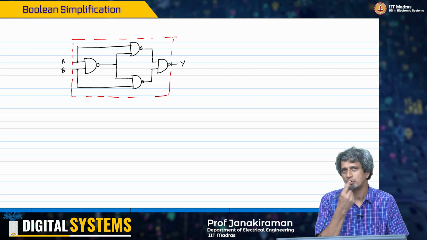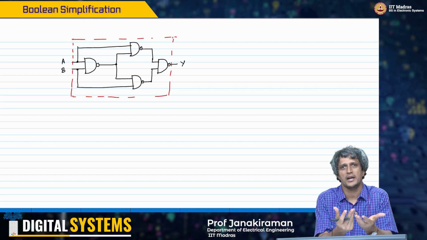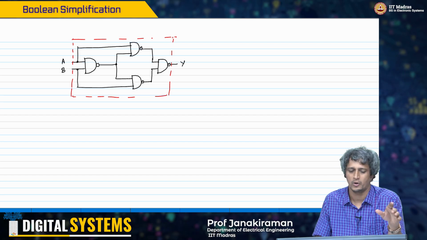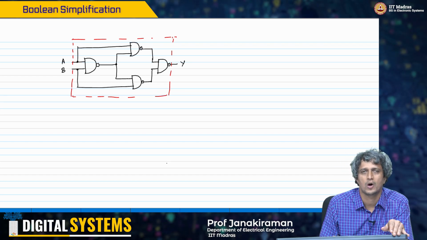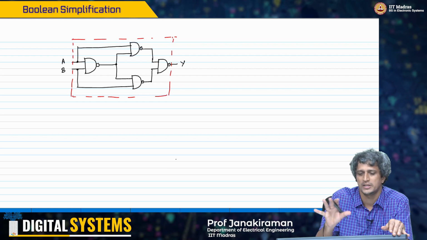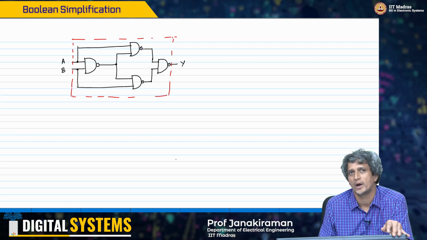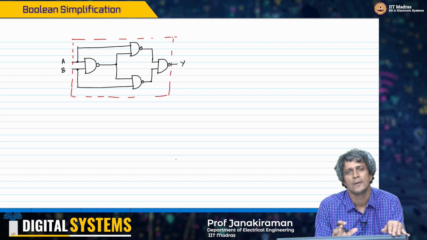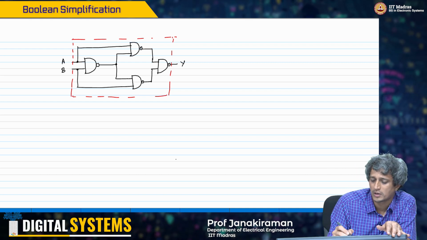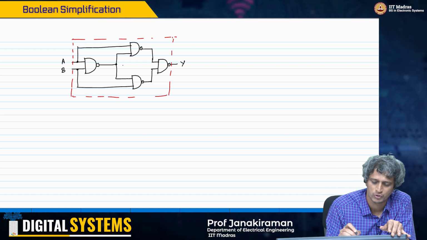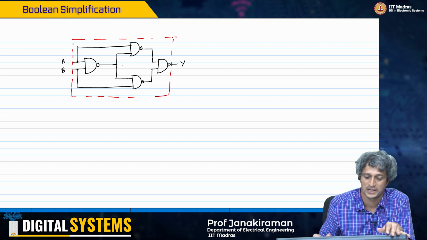So you can write out the truth table and simply propagate each combination and see what the output is. Okay, but now we are going to go ahead and focus just on the Boolean algebraic manipulation of this circuit and figure out what Y is. Okay, I am going to replace Y with just one logic gate, and you will be surprised what logic gate it is, right? How such a complex representation reduces to something as simple as that.